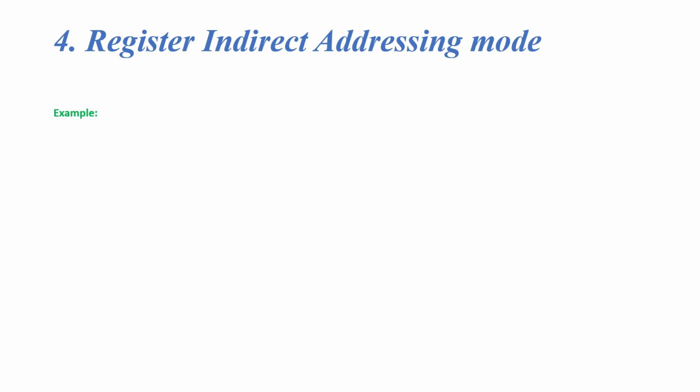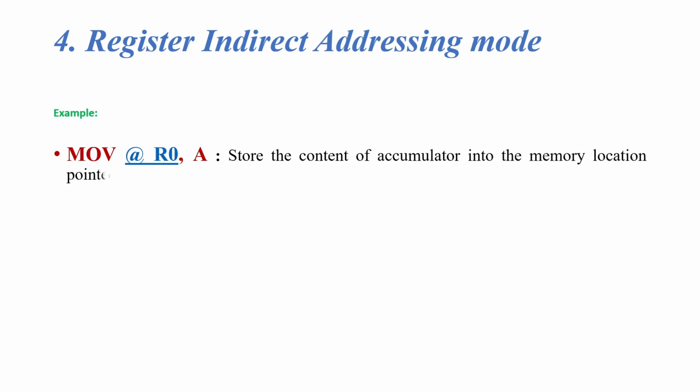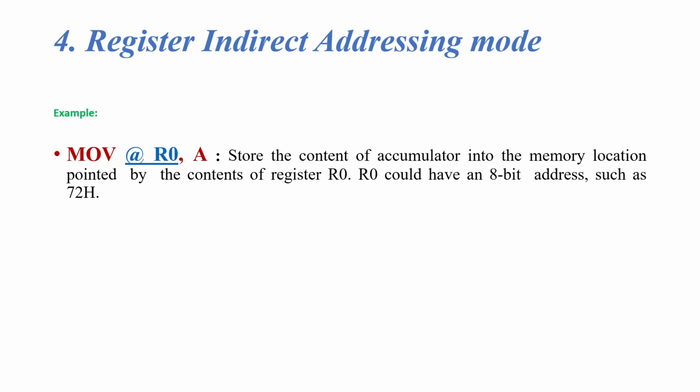Now see the operation of register indirect addressing mode with an example. MOV @R0, A means store the content of the accumulator into the memory location pointed to by the contents of register R0. R0 could hold an 8-bit address such as 72H.